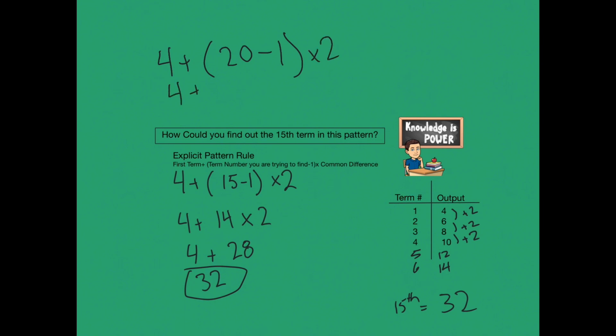We're going to do what's in the bracket, which is 19, and we don't need the brackets anymore because we solved it. Now we do our multiplication. 19 times 2 is 38. 4 plus 38 is 42. The 20th term would be 42.